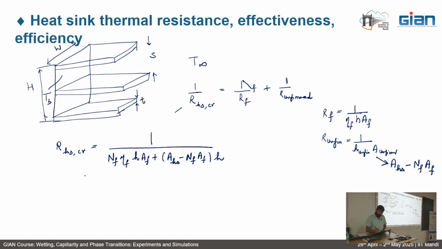Further, if I have to write the area of heat transfer, the area from which the heat transfer takes place, that would be equal to simply number of fins into area of each fin plus area of unfinned surface.